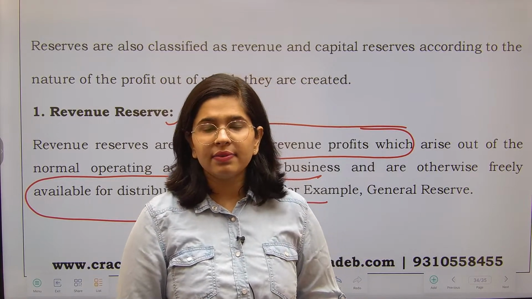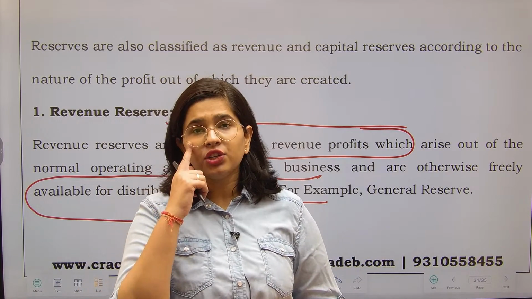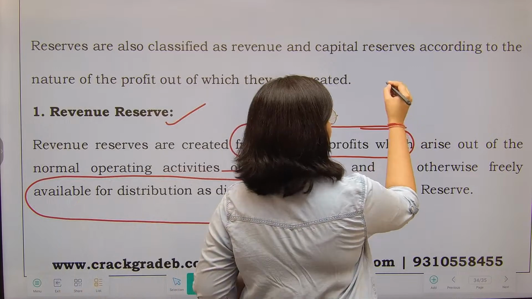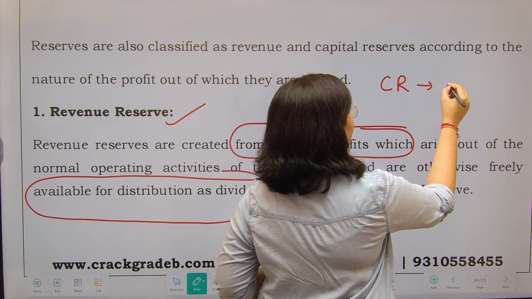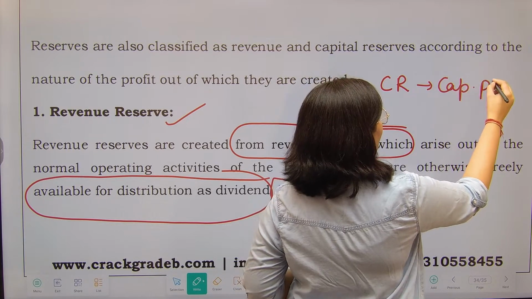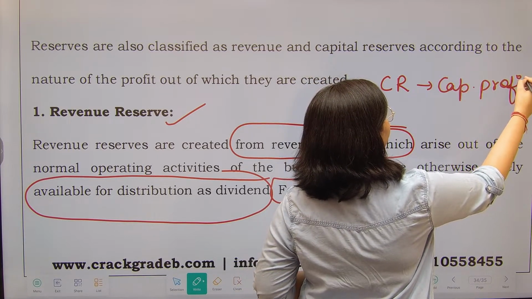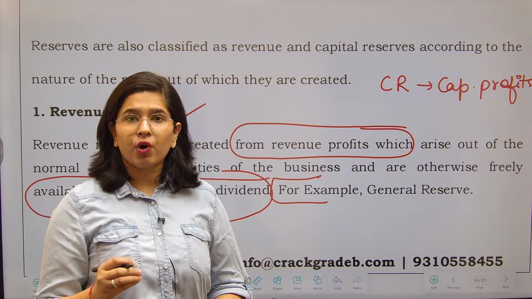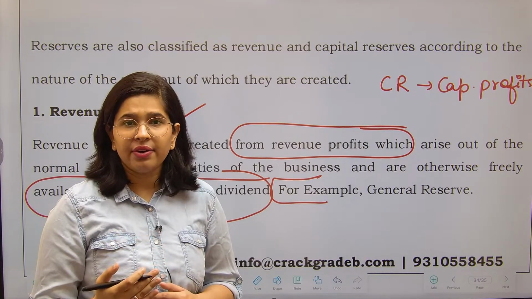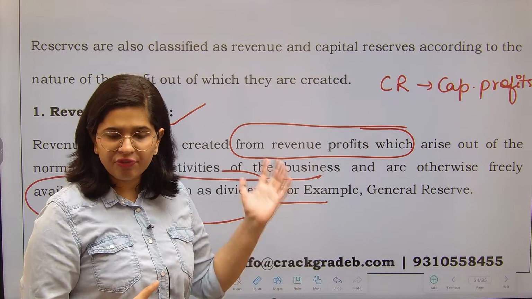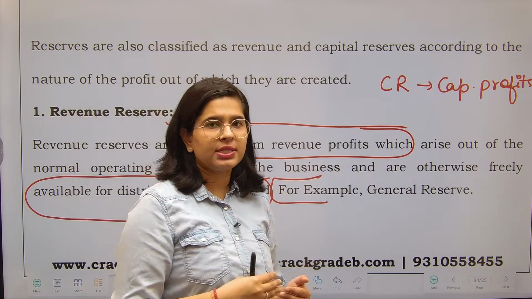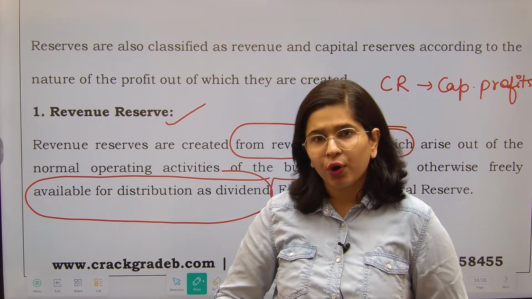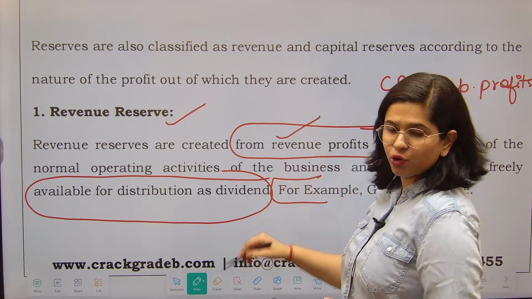What is capital reserve? Capital reserve is such an amount of reserve that is created out of capital profits. Now what are capital profits? Such kind of profit which does not arise generally in your normal course of business. ठीक है, आपके सेल परचेज से ये प्रॉफिट अराइज नहीं होता. Suppose I am selling my goods and if I have achieved any profit on it, that will be called the revenue profit, right?